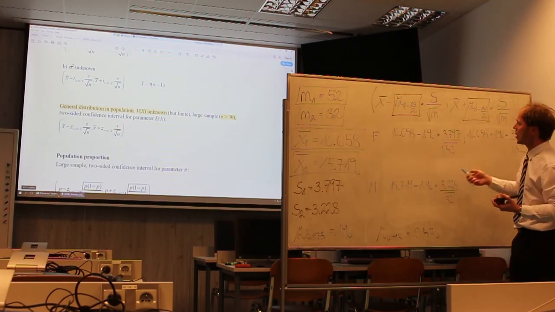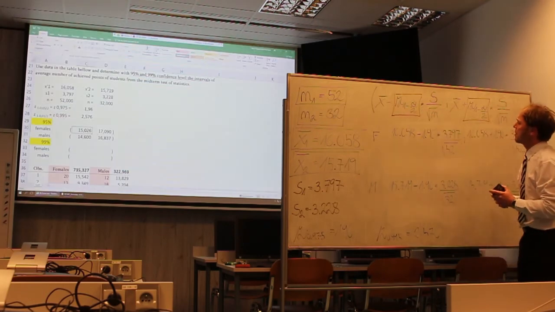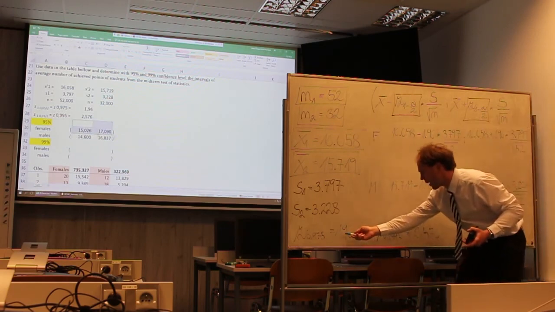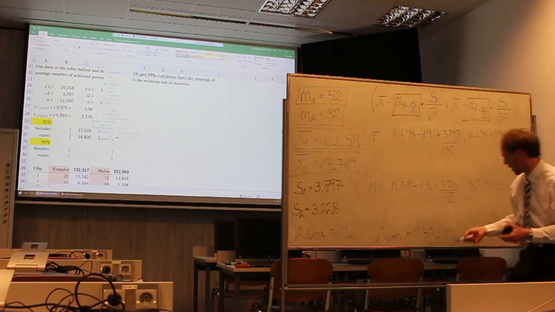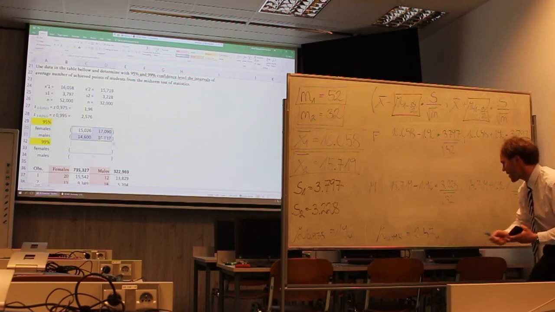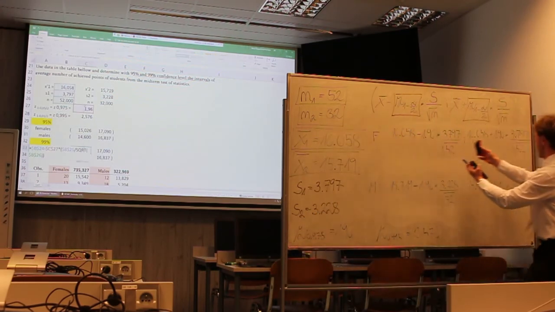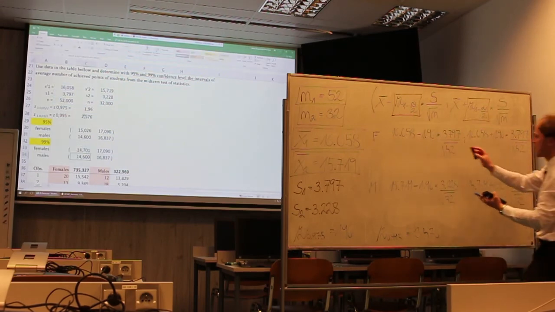Only one change. So z of 1 minus alpha divided by 2 will now be, instead of the value 1.96, the value 2.576. So there is the confidence interval for females.